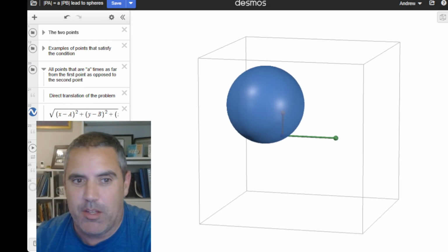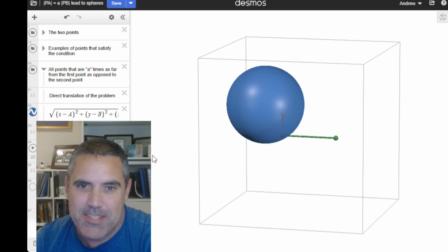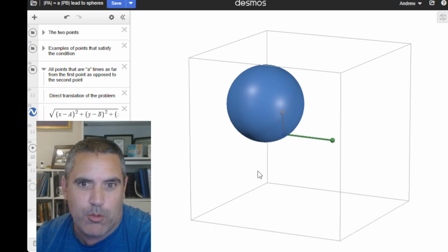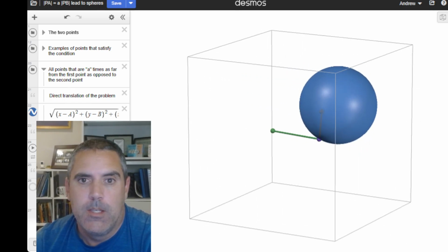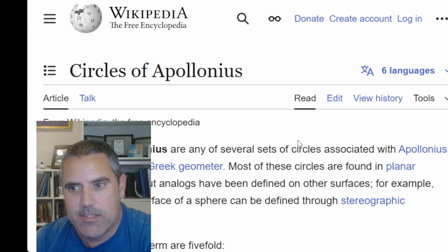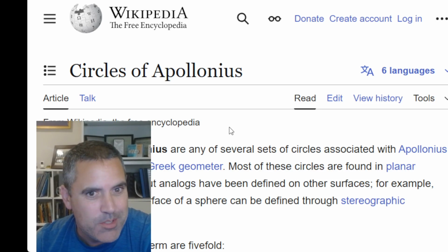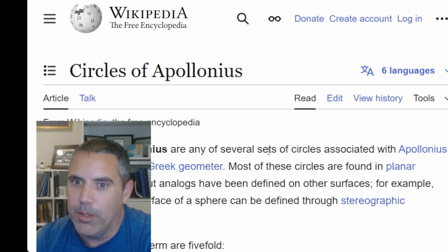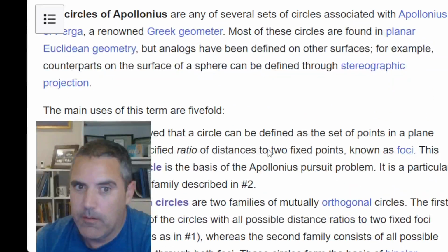I thought a little bit about a few different things, and then I realized that this comes from a more general problem in 2D. Ultimately, this comes from the Circles of Apollonius. It's an old Greek problem. If you want to search that up, you could study a little more here.